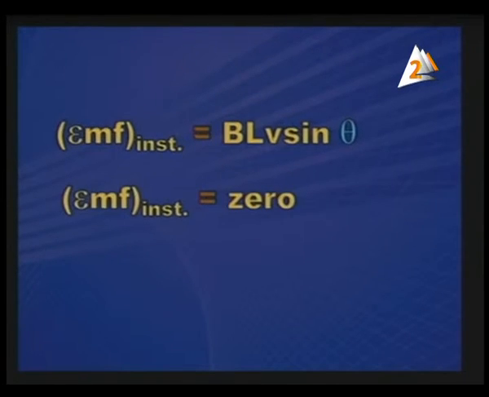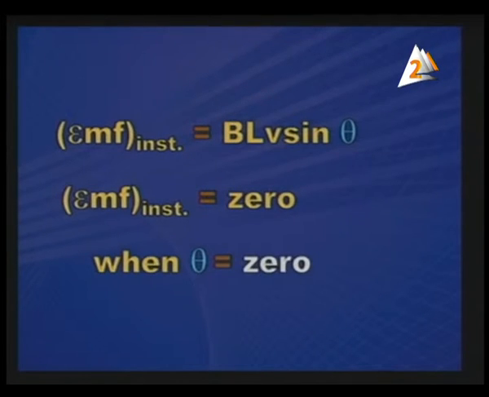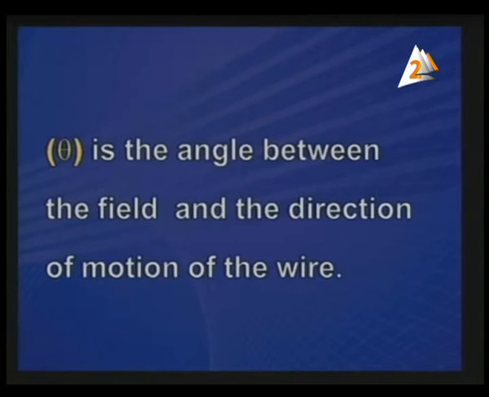So the instantaneous EMF will be equal to 0 when theta is 0, since sine 0 is 0. Let me remind you that theta is the angle between the field and the direction of motion of the wire.